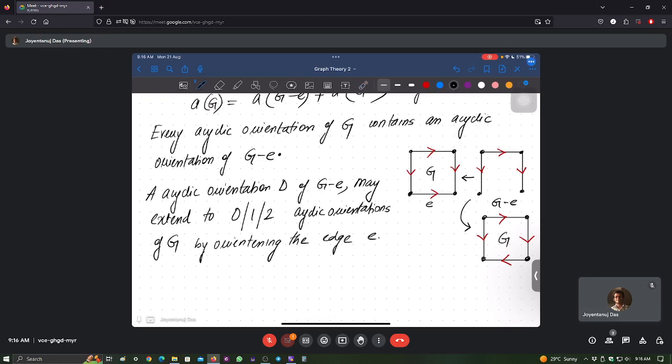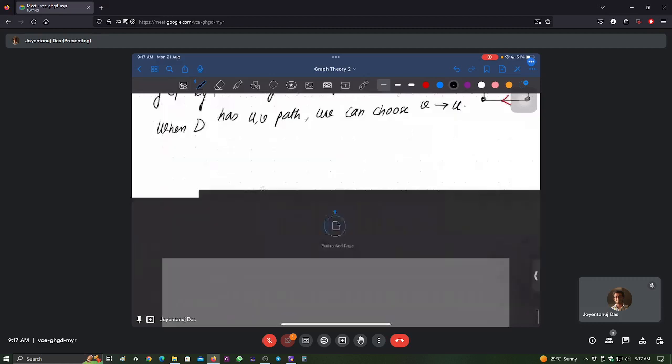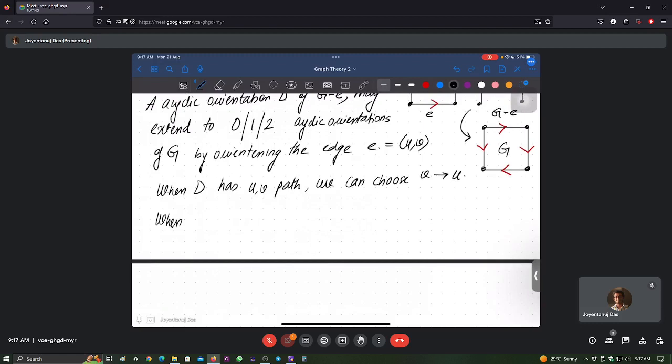Now, when D has no UV path, so this edge is between U and V. Suppose there is no UV path, we can choose V to U. And when D has no VU path, we can choose the other direction, U to V. So that's why it remains acyclic.